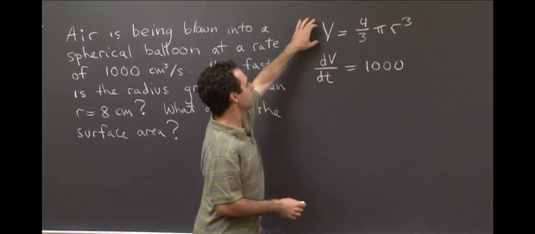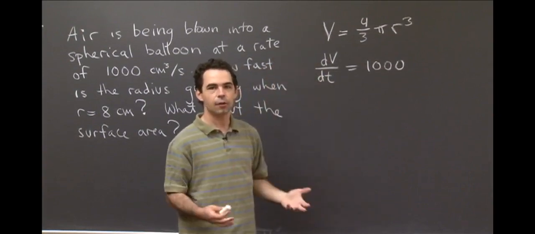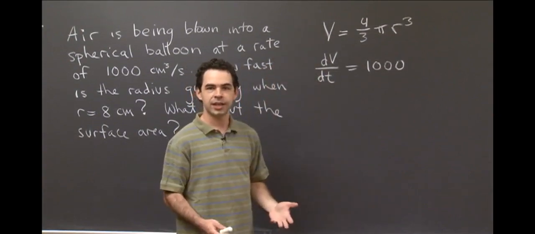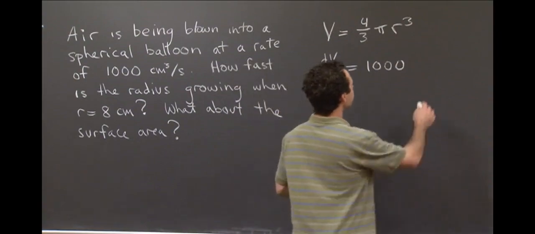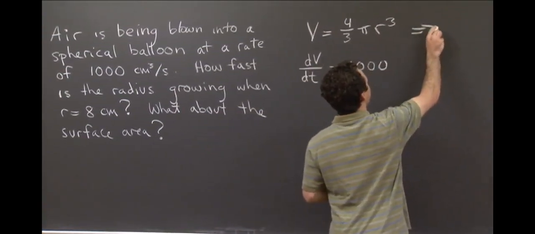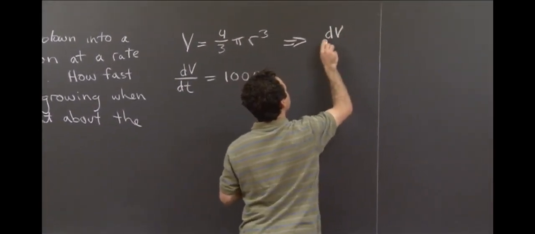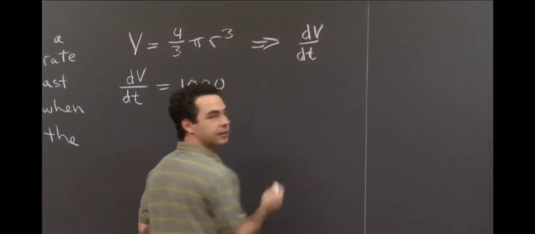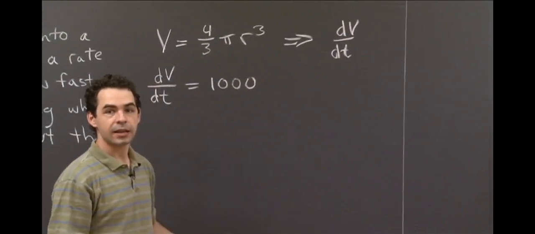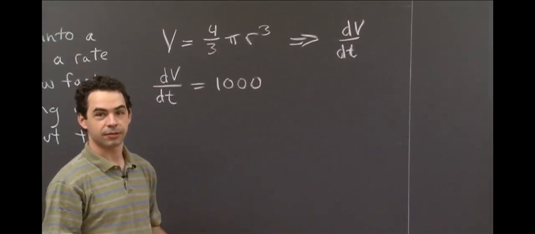How can we do that? Well, this fundamental relationship is an identity. It always holds, so that means we can differentiate it. If we take the derivative of this identity, V on the left just becomes dV/dt. And on the right, we want to do implicit differentiation.